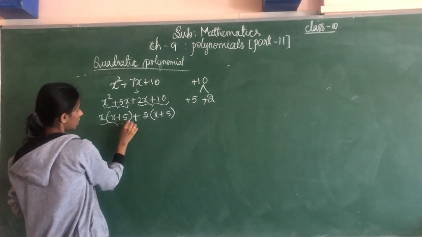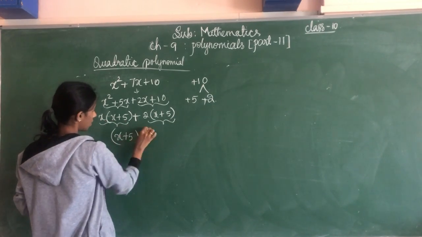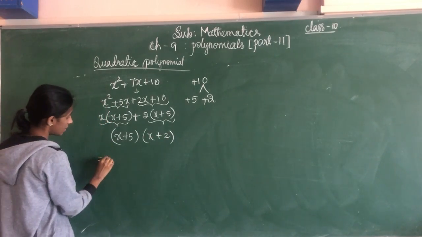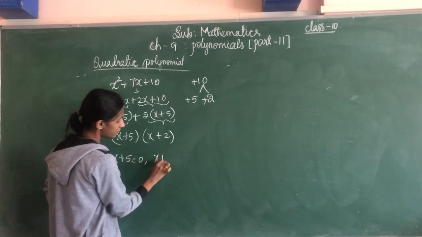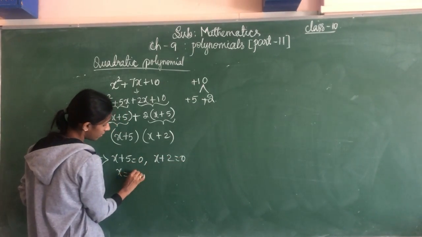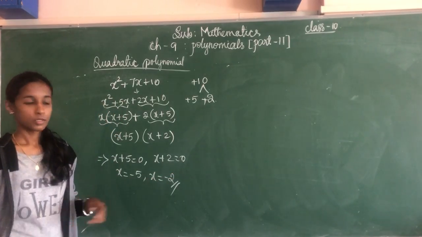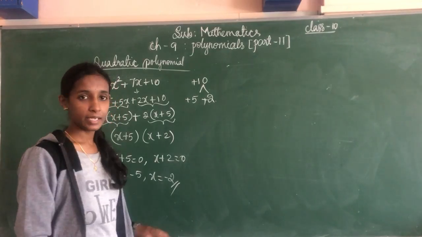Here what is the common term? X plus 5 is the common. Remaining is x plus 2. From this, equate both to 0. X plus 5 is equal to 0 and x plus 2 is equal to 0. From this, x is equal to minus 5 and x is equal to minus 2. So the zeros of the quadratic polynomial are minus 5 and minus 2.